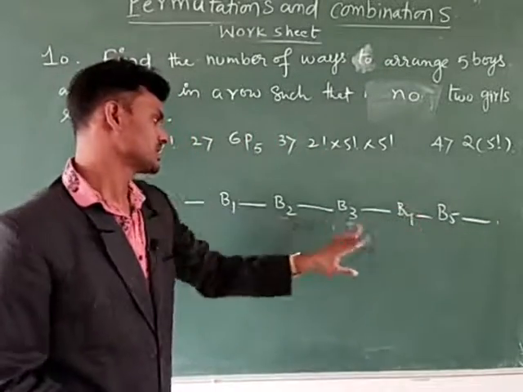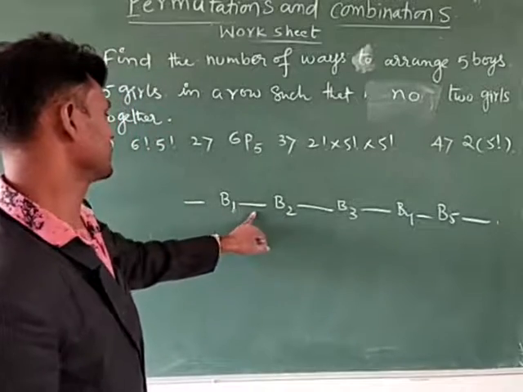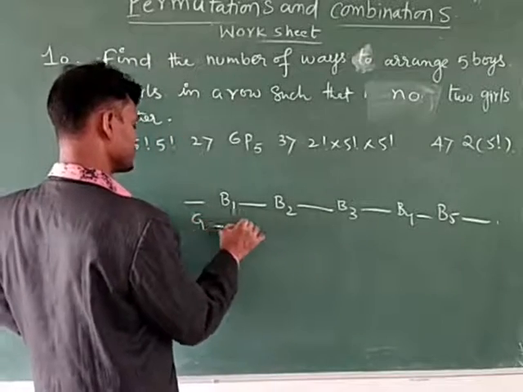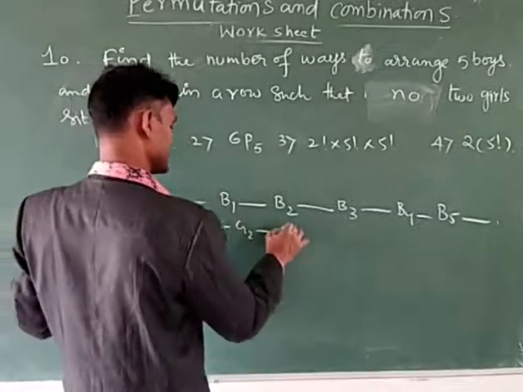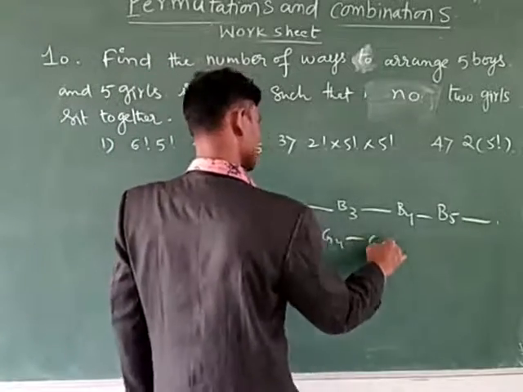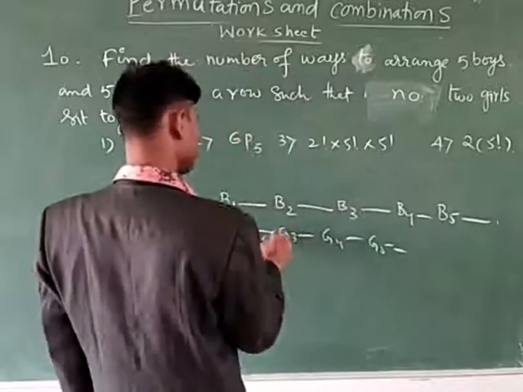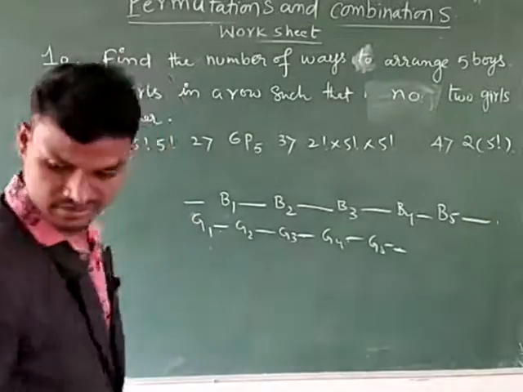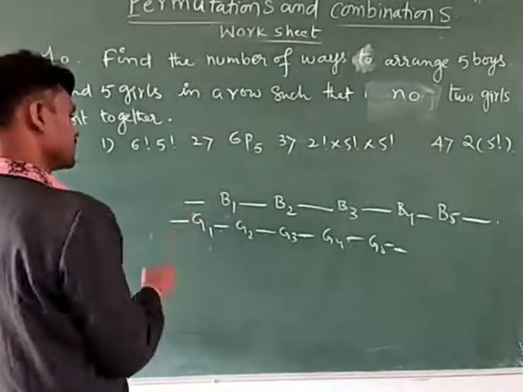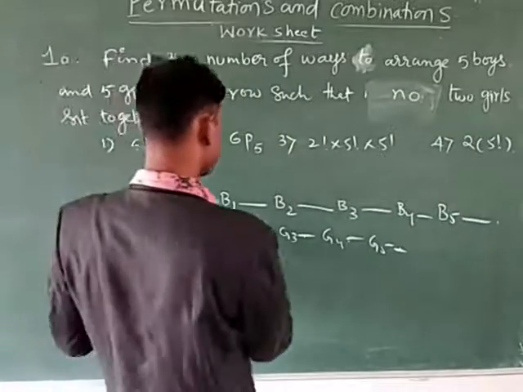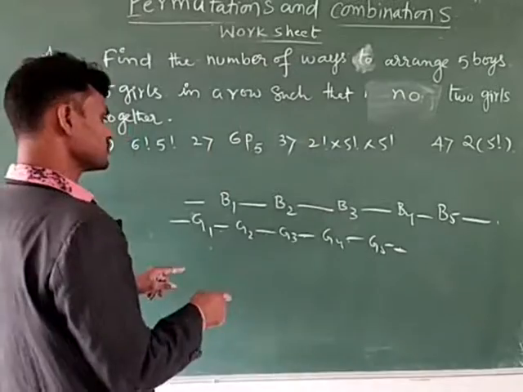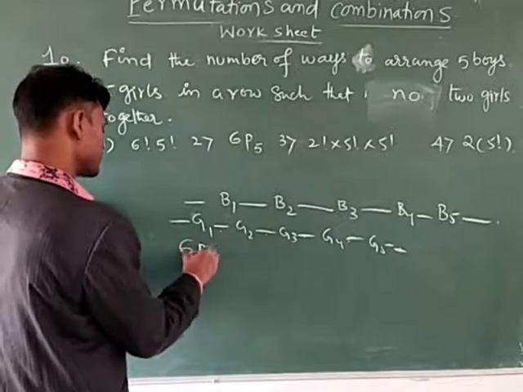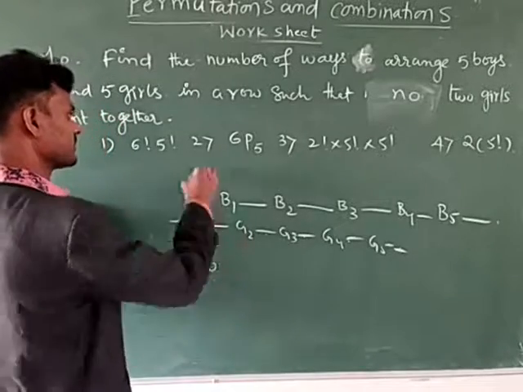You can place the girls in between the boys, or otherwise girls here and boys here. Girl 1, girl 2, girl 3, girl 4, girl 5. Boy 1, boy 2, boy 3, boy 4, boy 5. See here, total how many places are there? Out of 6 places, 1 2 3 4 5 6, we have to arrange 5 members. Then total 6P5 ways. This is the second one.